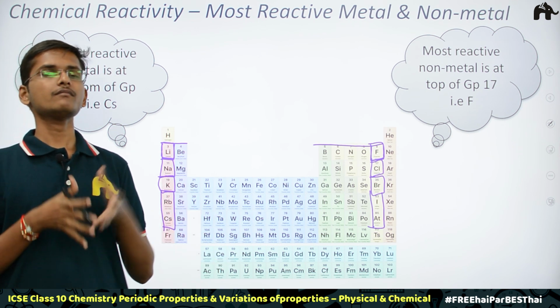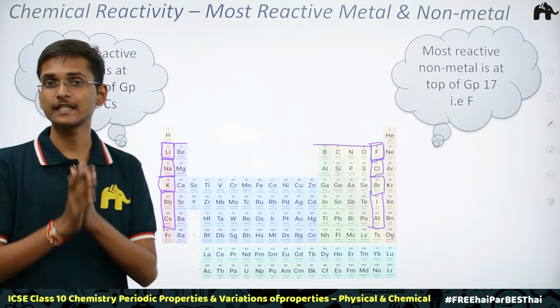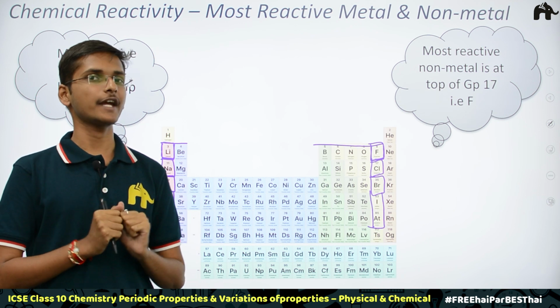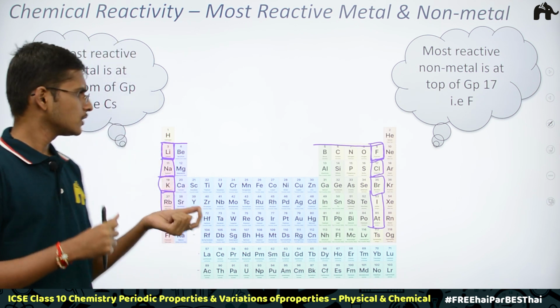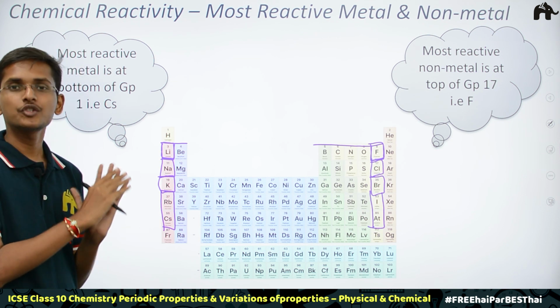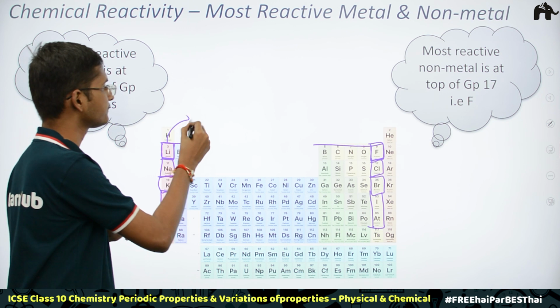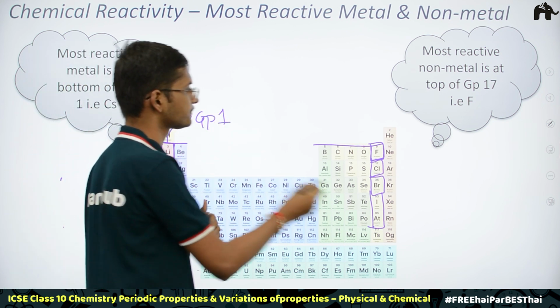Now our actual point is to find out the most reactive metal and the most reactive non-metal. In this context, we found out the most reactive elements, group 1 and group 17.